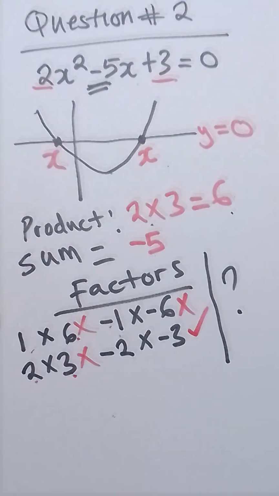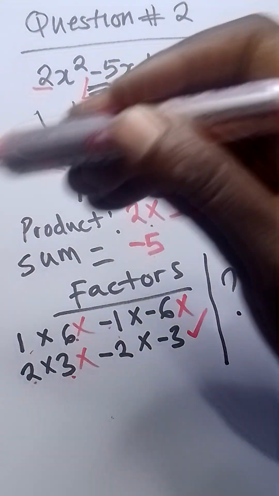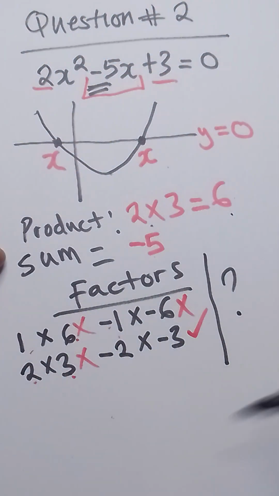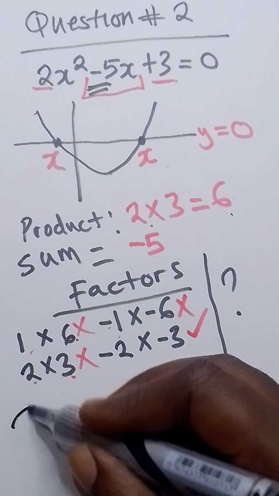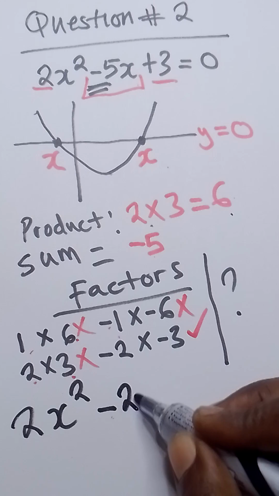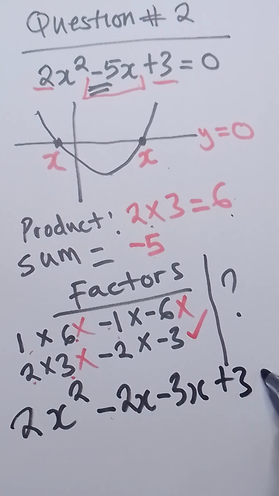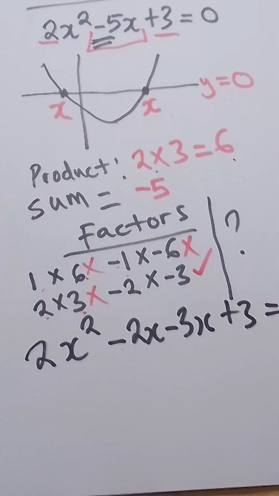So what I'll do now is replace the sum, this one here, with the factors. I take this same equation, 2x squared, minus 2x, minus 3x plus 3 is equal to 0.